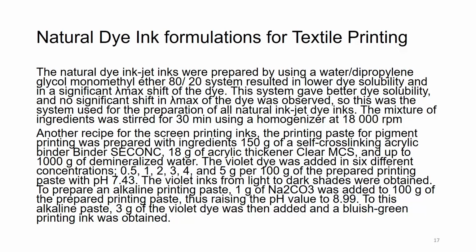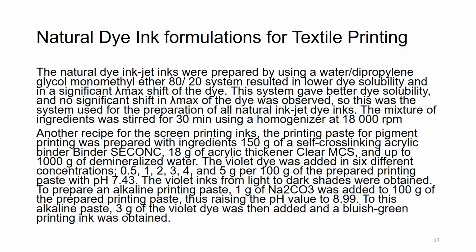The violet dye was added in 6 different concentrations, 0.5, 1, 2, 3, 4, 5 per 100 grams of the prepared printing paste at pH 7.4, which is very close to neutral. The violet inks from light to dark shades were obtained.